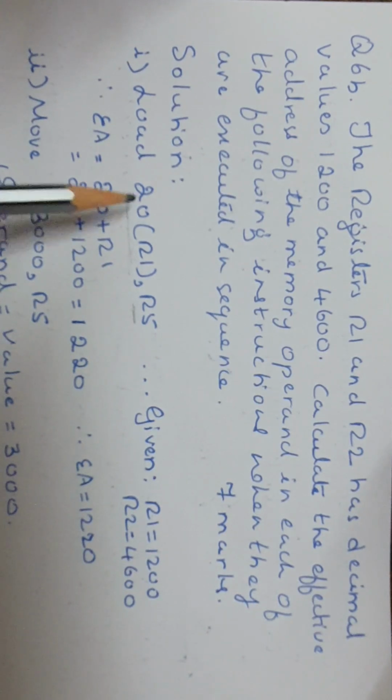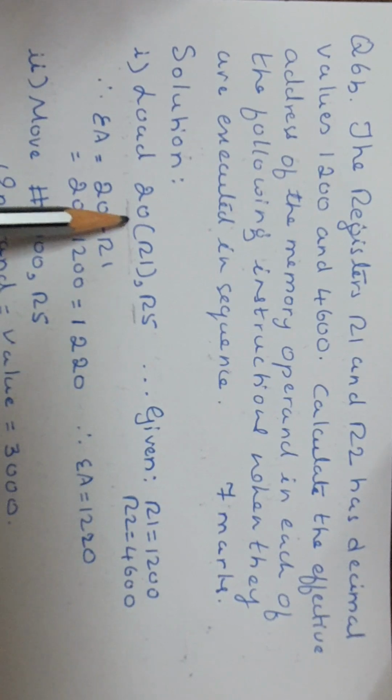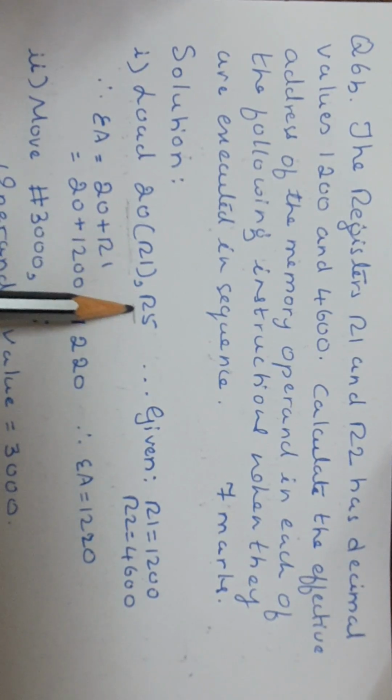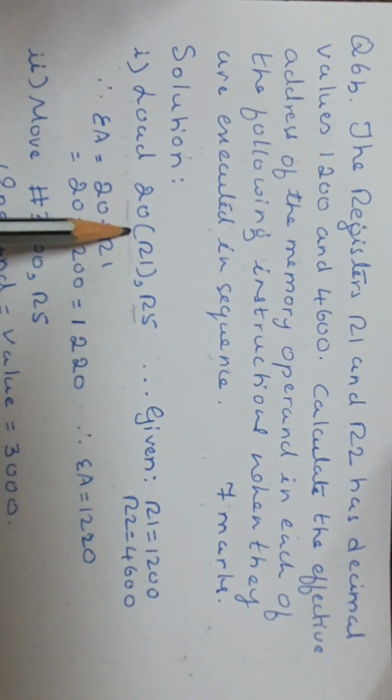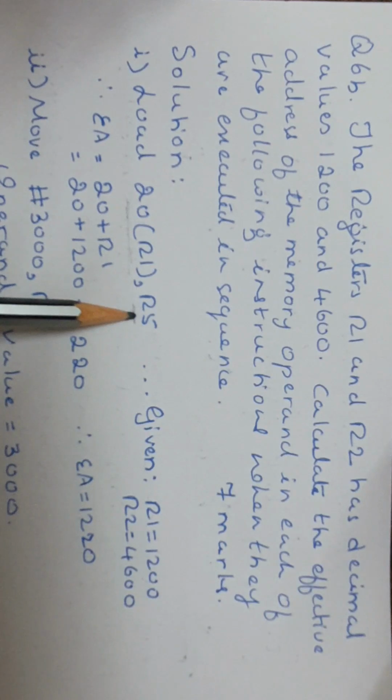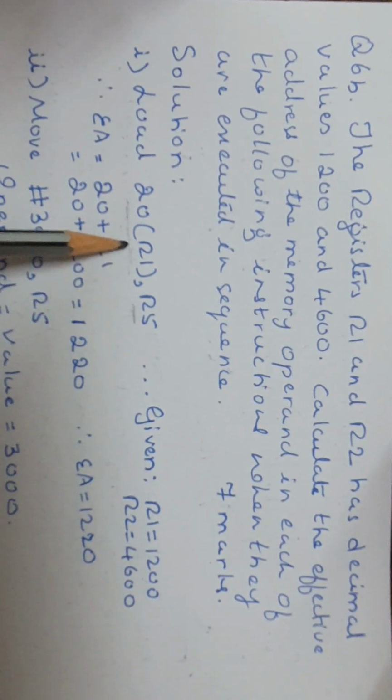So 1220 it becomes. So from the 1220 memory location, whatever is stored in that memory location is copied to R5. Means the memory location whose address is 1220, that memory location content is copied to R5. So the operand address is 1220.